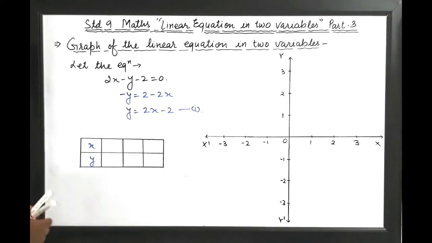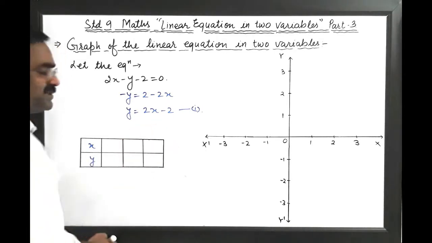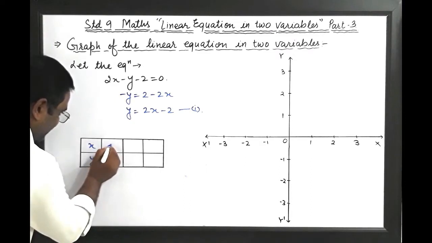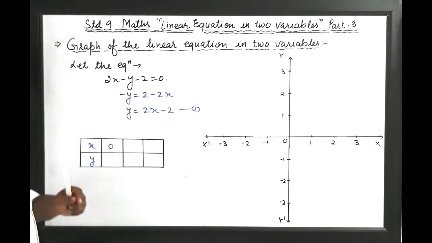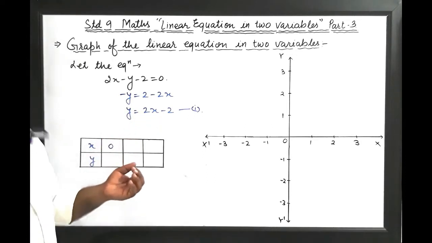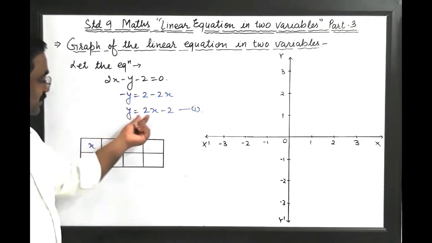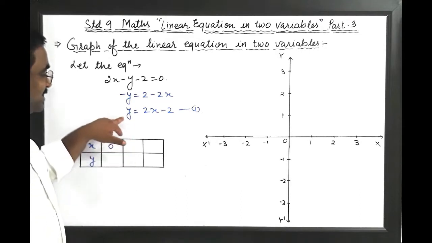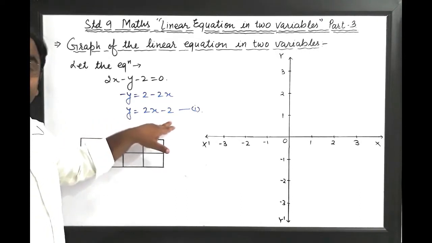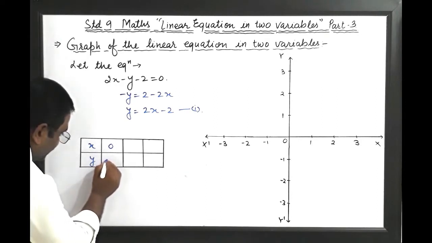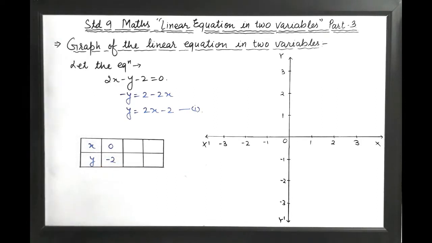So let us suppose that, first of all, हमने क्या सपोज किया इसमें, सपोज x is equals to 0, हमने x की वैल्यू 0 सपोज किया. Okay, as we have taken x is equals to 0, then let us see what will be the value of y. So 2 into 0 is equals to 0, so therefore y is equals to minus 2 will be the value of y. So हम क्या करते हैं, at the place of y we have to write minus 2.